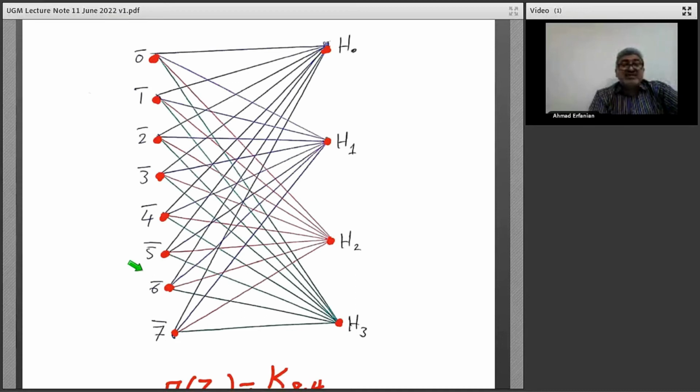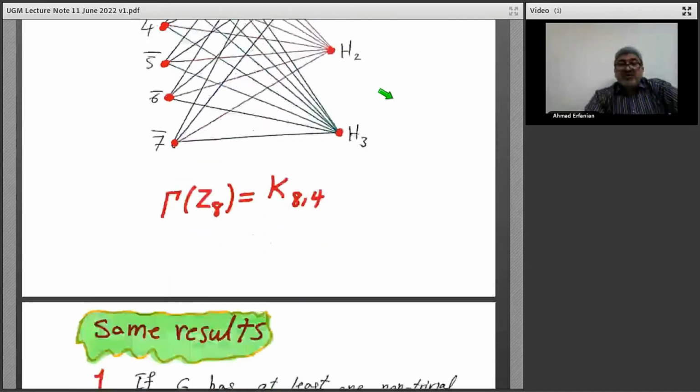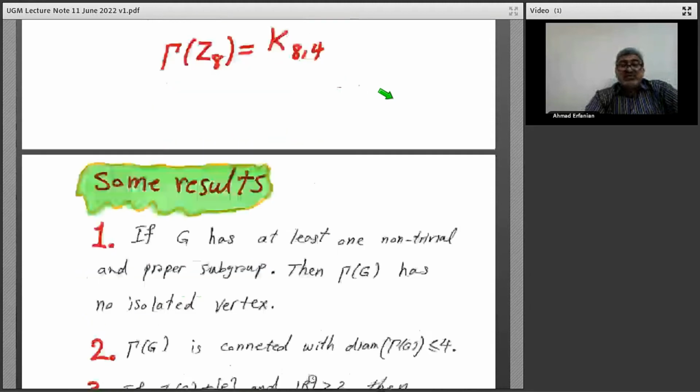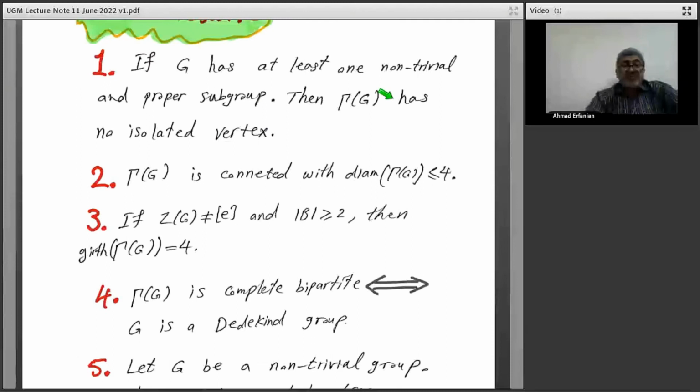So the set A consists of 8 elements, and the set B consists of 4 vertices, because we have 4 subgroups. Since Z8 is a cyclic group and is abelian, all subgroups of Z8 are normal, and so we have a complete bipartite graph.